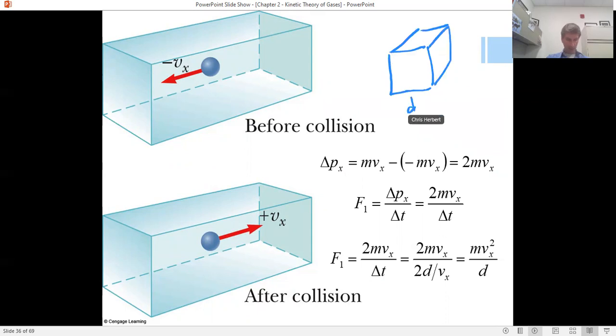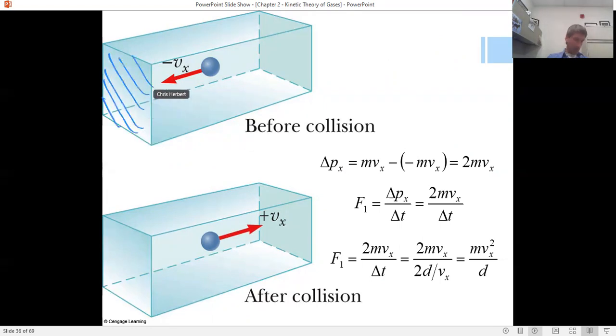This wall would be d, this wall would be d, this wall would be d. The diagram that I have here actually has it a little bit extended in the x direction, so just ignore that for now. But let's talk about a particle bouncing back and forth. And again, we are interested in the particle hitting this wall right here, colliding with it, and then bouncing off.